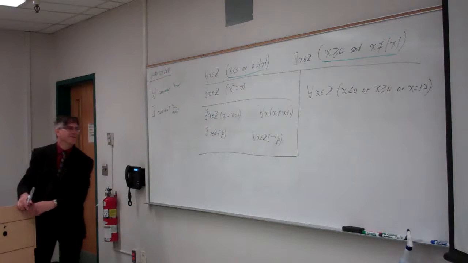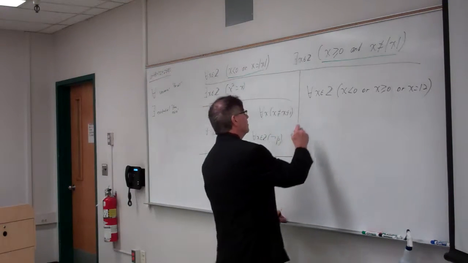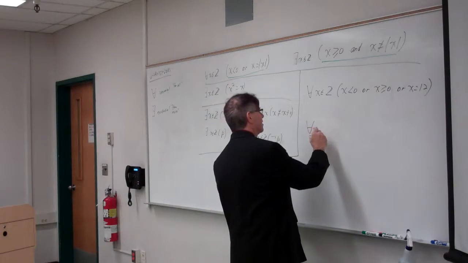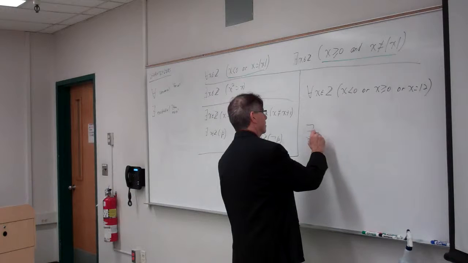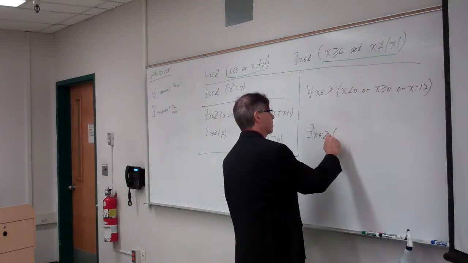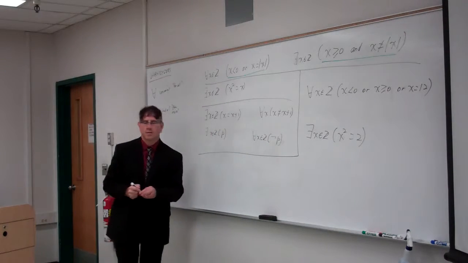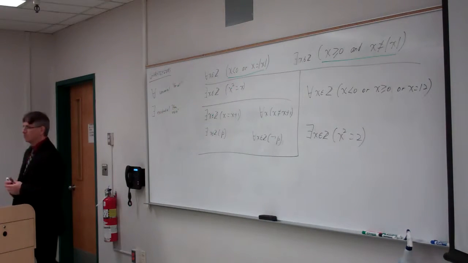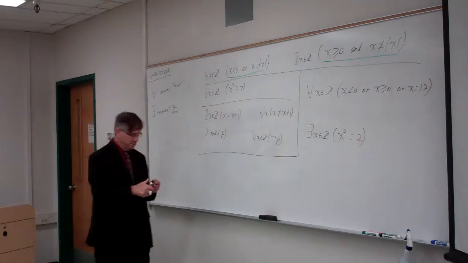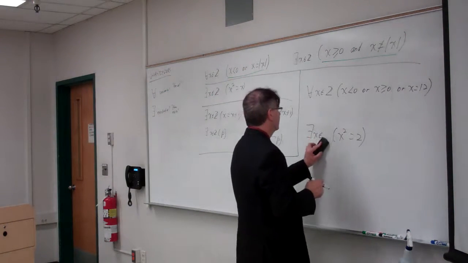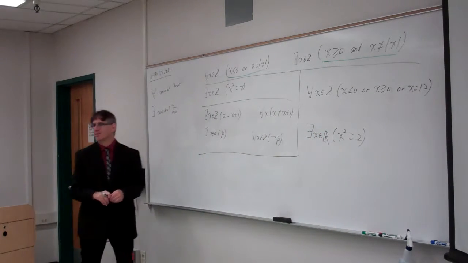Okay. But if I say something like for all x, or there exists an x, that's a false proposition. There's no integer whose square is 2, but if I had done this, it becomes a true proposition.